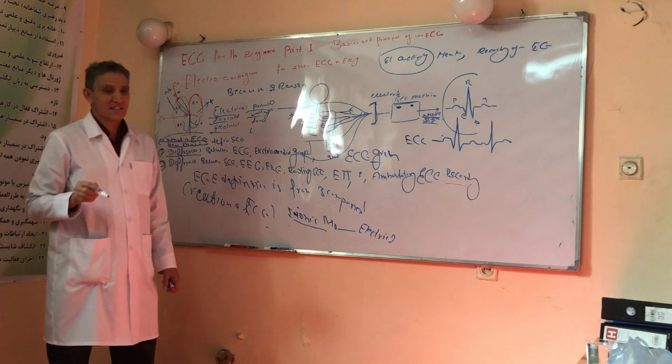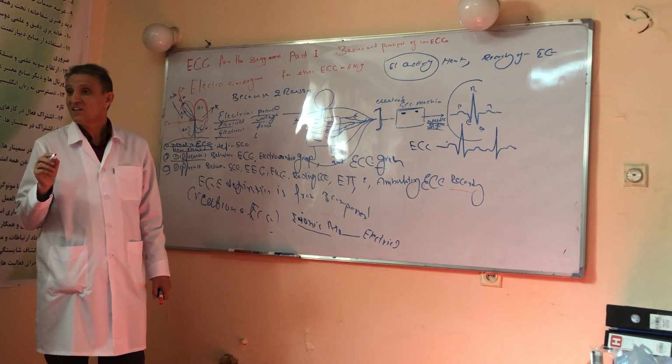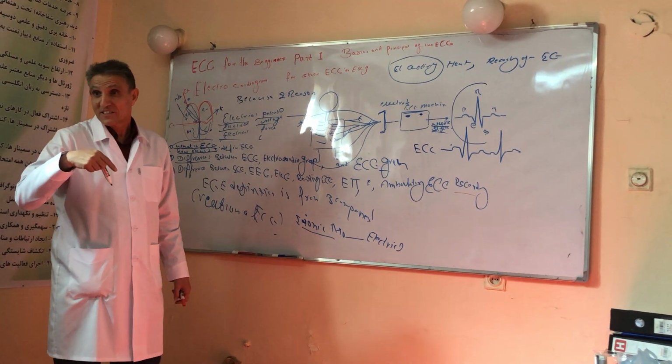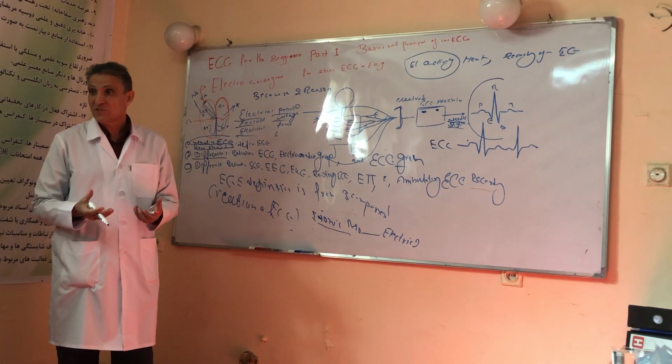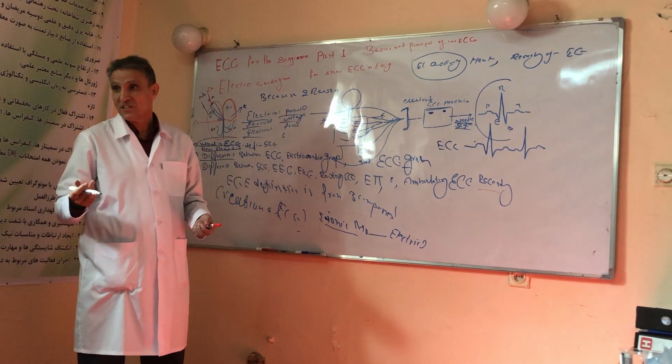When you study the electrical activity of the heart at the molecular or cellular level, this is called action potential. In the ECG, we don't think about the single cell. We think about the whole myocardium. We record the electrical activity of the whole myocardium from the outer surface of the body, which is called ECG.